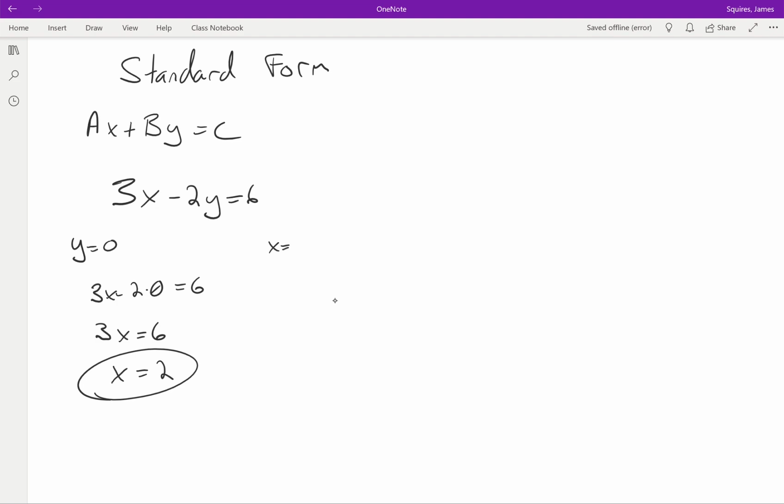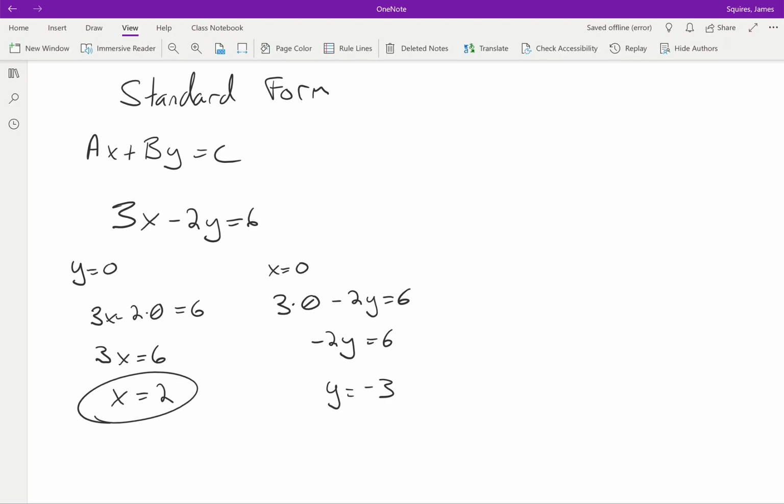When x equals 0, that's going to give us the y-intercept. We plug that into our original equation and get 3 times 0 minus 2y equals 6, or minus 2y equals 6, or y equals negative 3. Alright, now we can graph this.